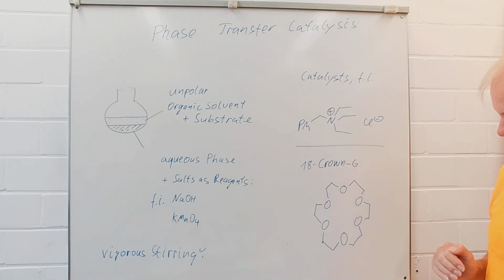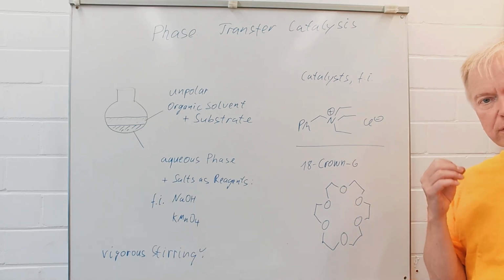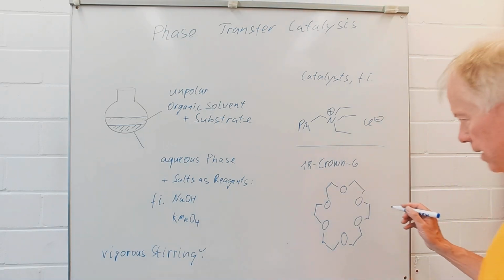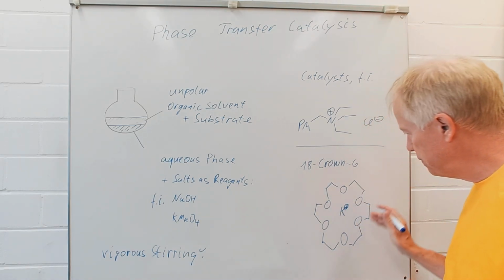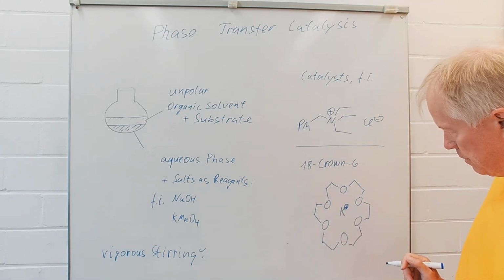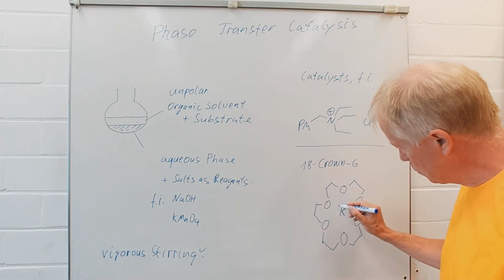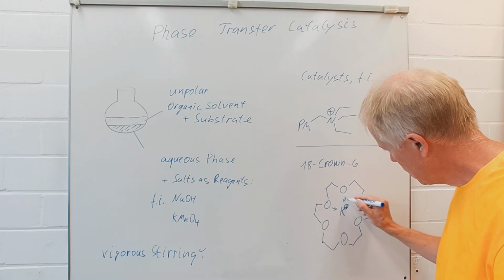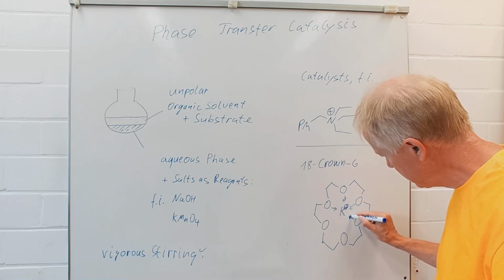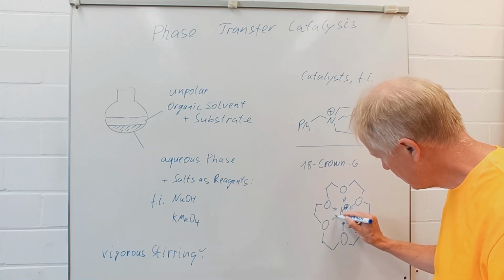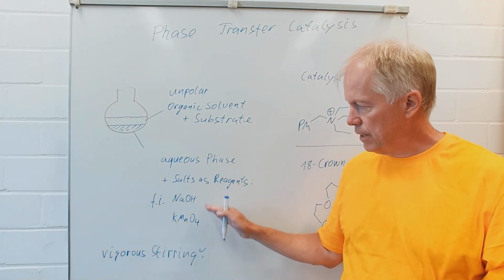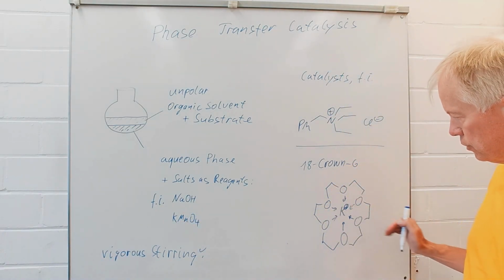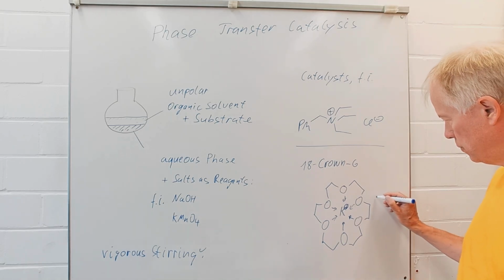This is this molecule, and in that case a potassium cation would excellently fit into this ring of those oxygens, all coordinating, and of course the counter anion will stay in close proximity.